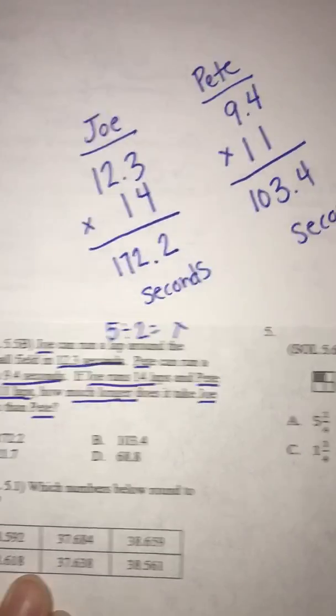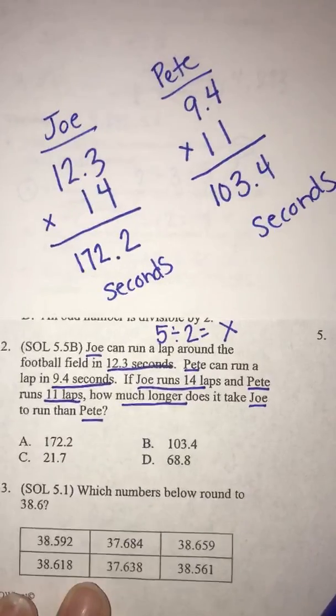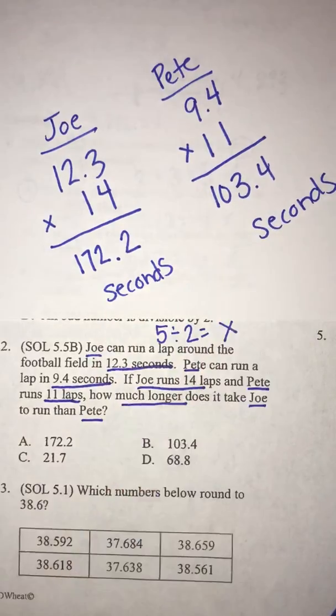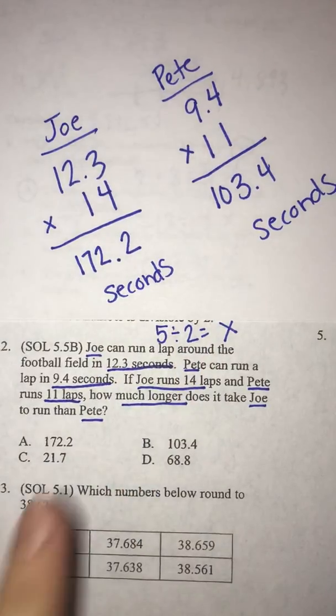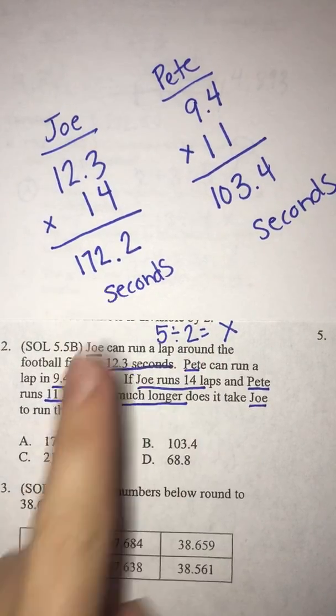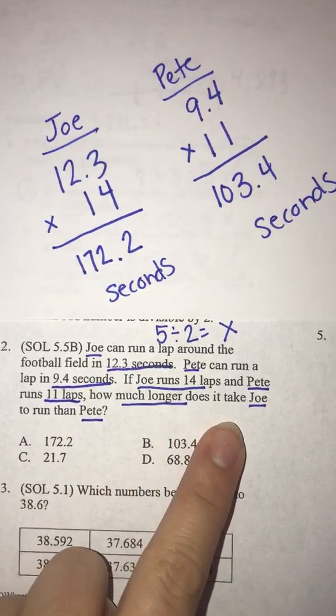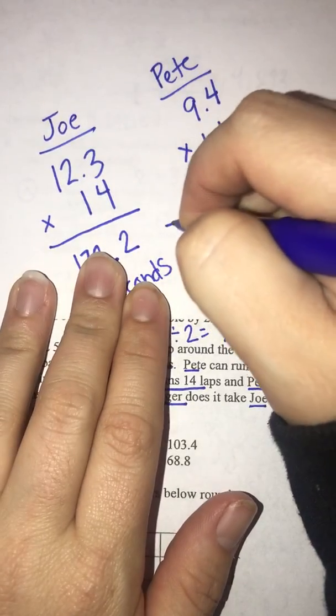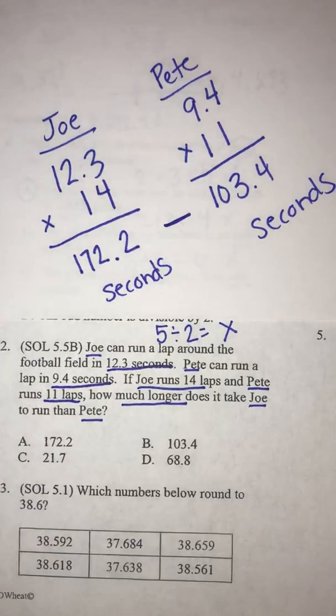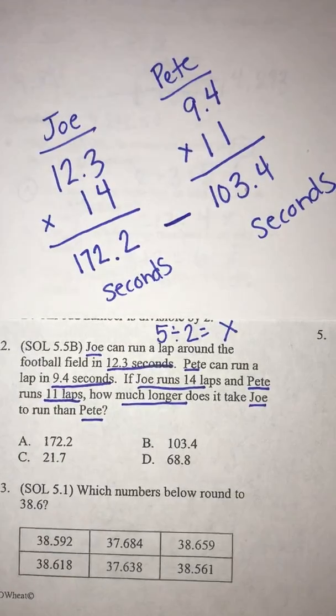Okay, so I've done 2 steps of the problem so far. I figured out Joe and I figured out Pete. And then the question says, how much longer does it take Joe to run than Pete? So in order to compare, I'm going to need to use the operation of subtraction to compare the 2 people.